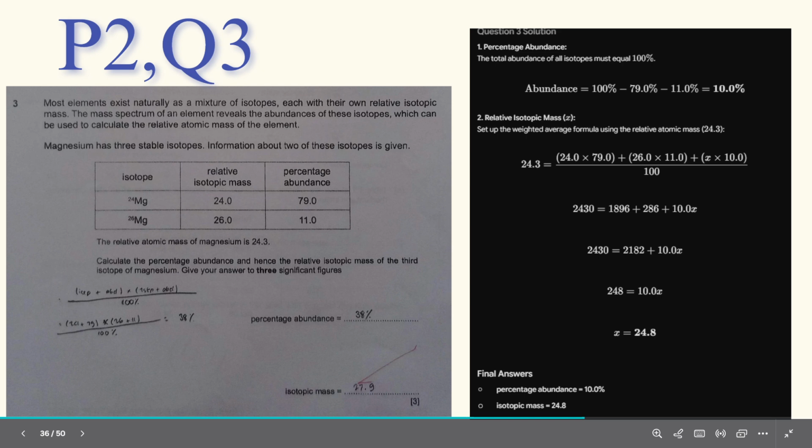So the percentage abundance is 10%, and for the relative isotopic mass, we use the formula 24.3 = (24 × 79 + 26 × 11 + x × 10) / 100. Then we just calculate it, and in the end we get x equals 24.8. So the percentage abundance is 10% and the isotopic mass is 24.8.